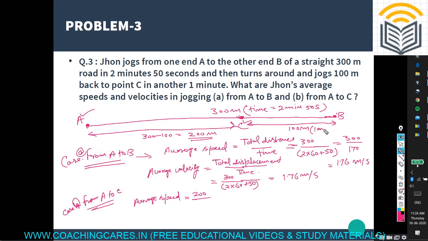So we'll add both times for the whole journey.